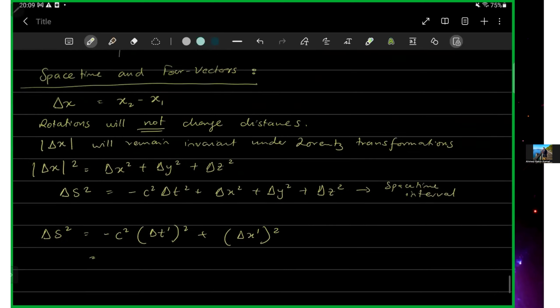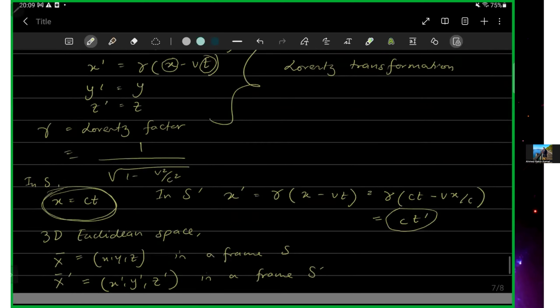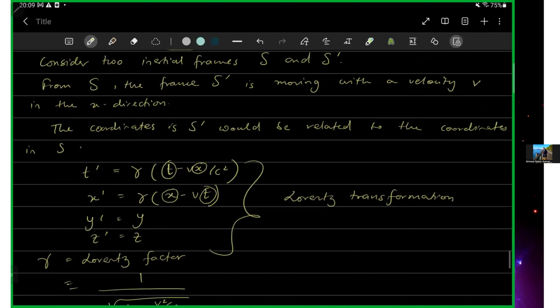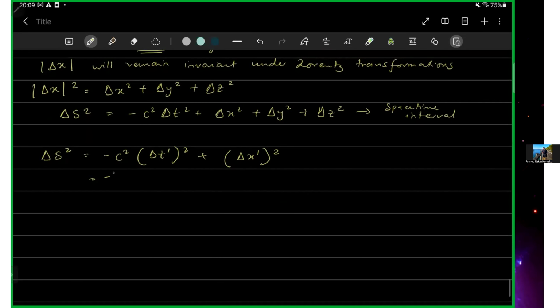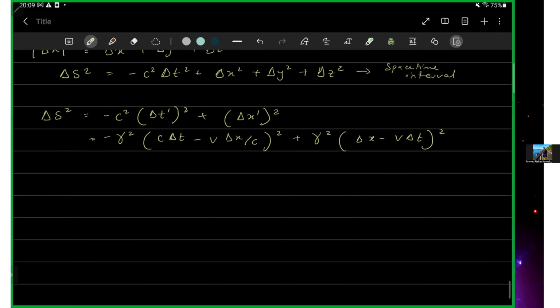In that case, if you remember the Lorentz transformation equations from here, these are the ones that I'm using. And I will put this over here. So therefore, I will have the factors of gamma, right? And I will have c delta t minus v delta x by c squared, plus gamma squared delta x minus v delta t squared.